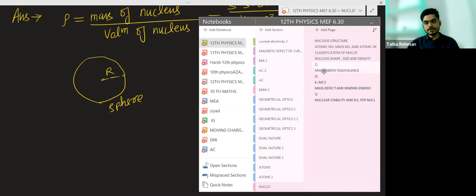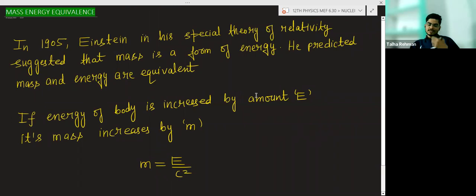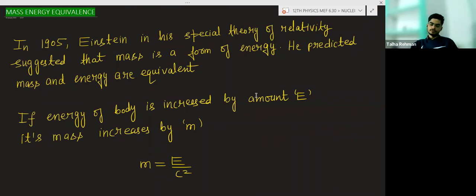Now, this is a very interesting thing that we are going to study. Before that, earlier, before 1905, the idea about mass was that mass is the amount of matter or quantity present in an object, basically.